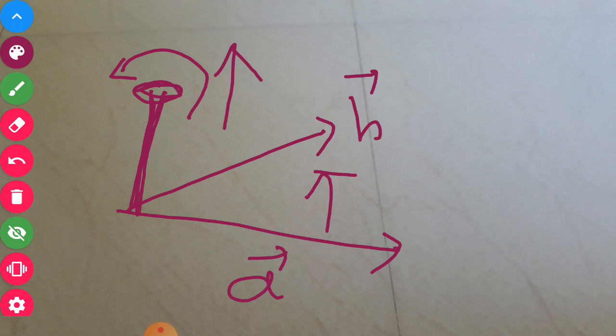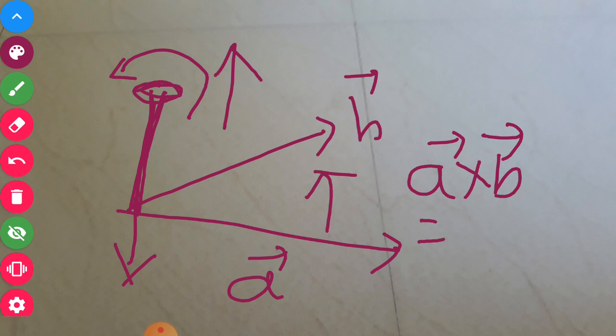That much only you have to understand. If you want to find B cross A, it will advance in the downward direction. So we can say A cross B is not equal to B cross A, or A cross B is equal to minus B cross A, because the direction of the resultant vector will be opposite. This is the first property that you should understand.